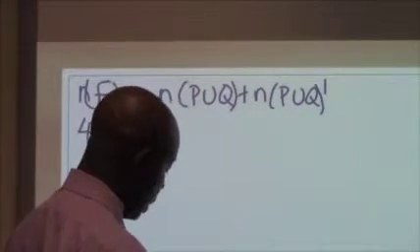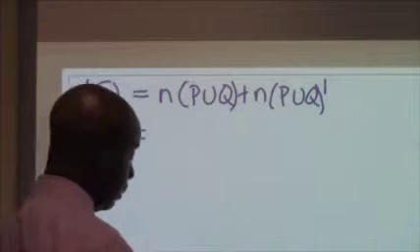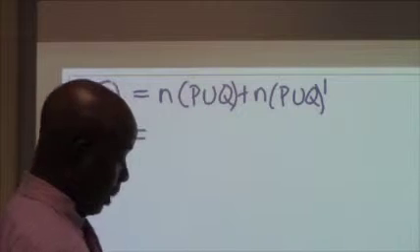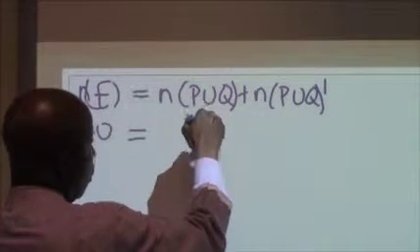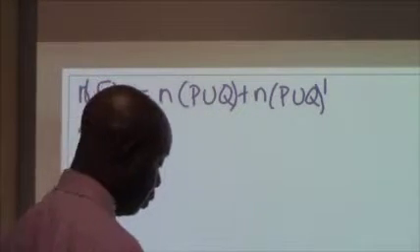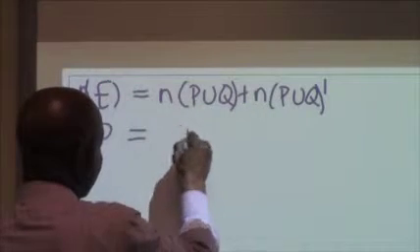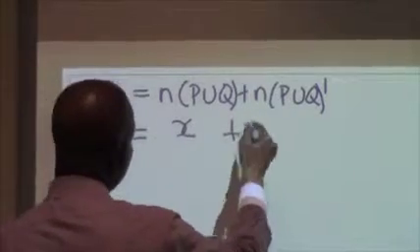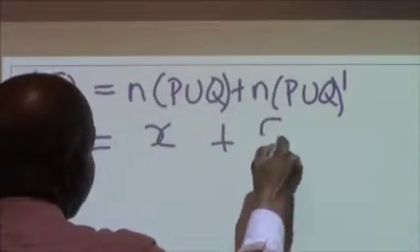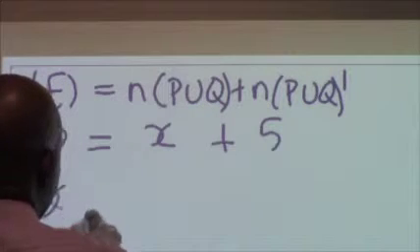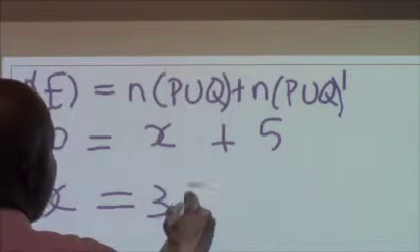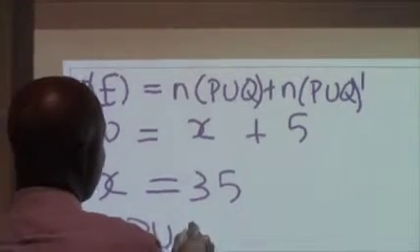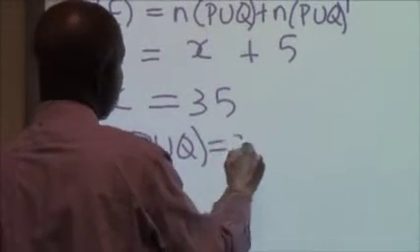I see also that the number of elements in P union Q is something I don't know. But I also see that the number of elements in P union Q prime is going to be 5. So I can solve here for x, and I can find x to be equal to what? 35. So the number of elements in P union Q is 35.